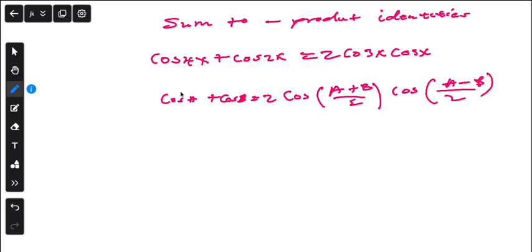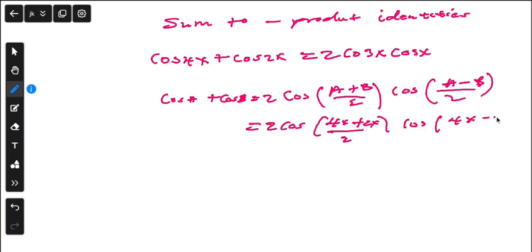So our value of a is 4x, and then our value of b is 2x. So here we are going to have 4x plus 2x, then divided by 2. Then here we are going to have 4x minus 2x divided by 2.